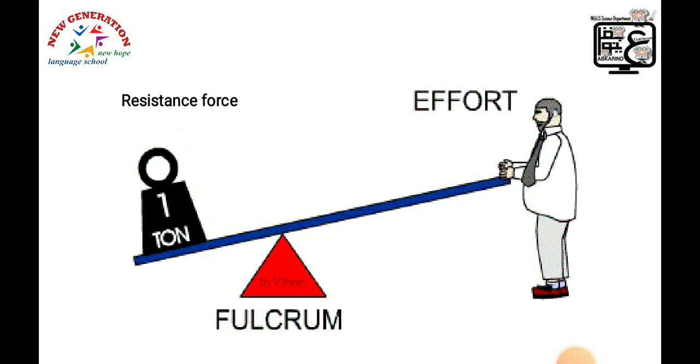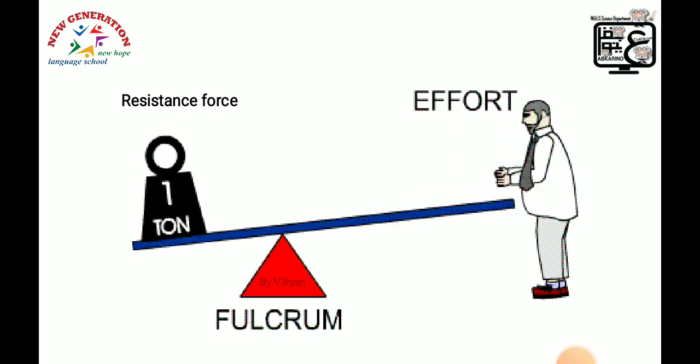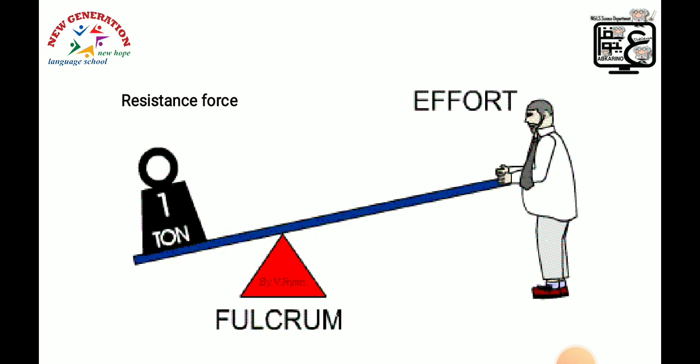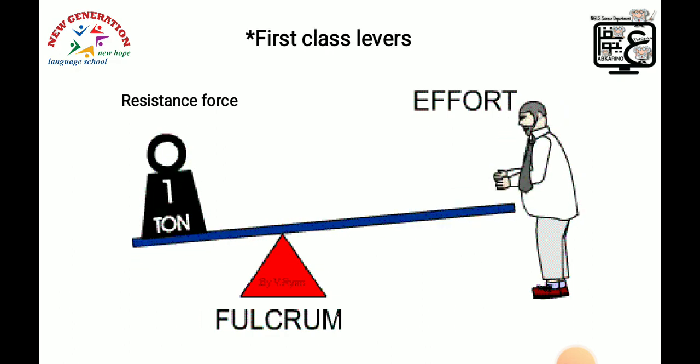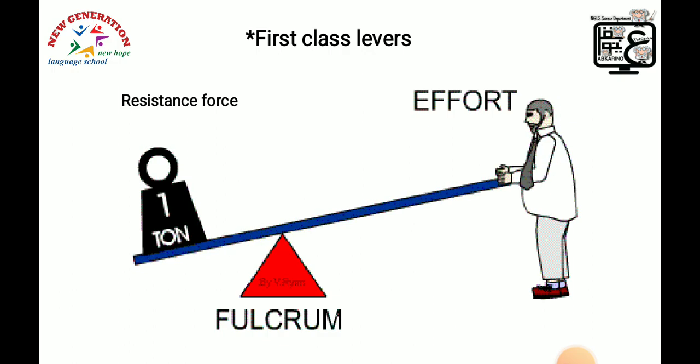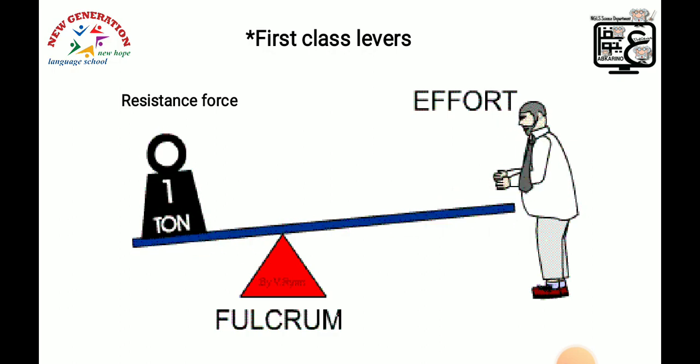Okay. And now we are going to talk about the law of levers and the conservation of effort. First, the first class lever. There are three possibilities in this type of levers.